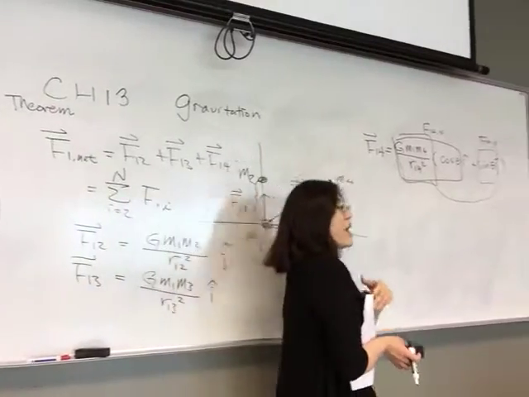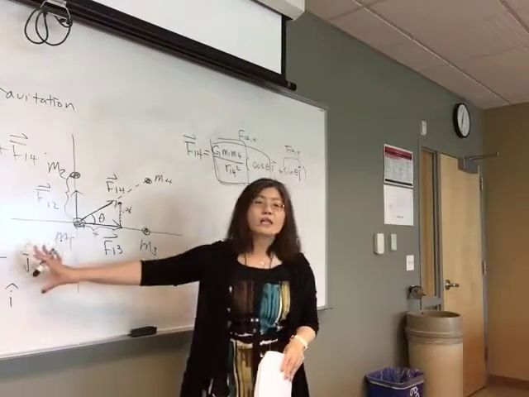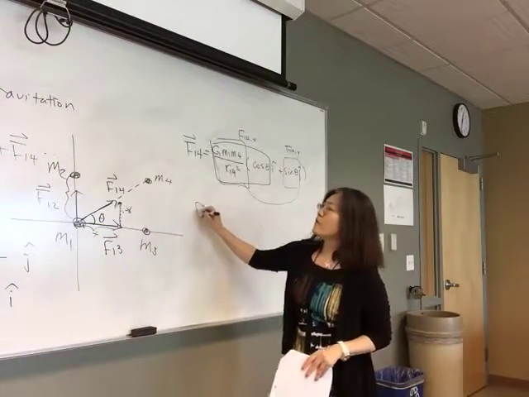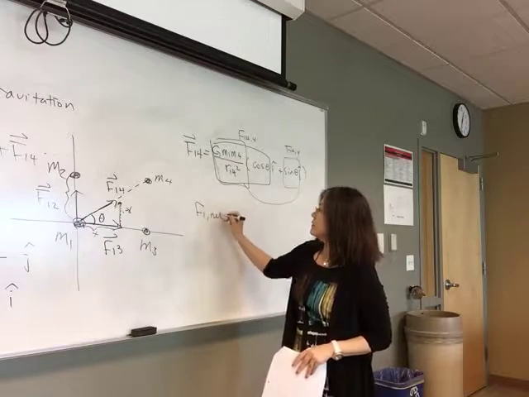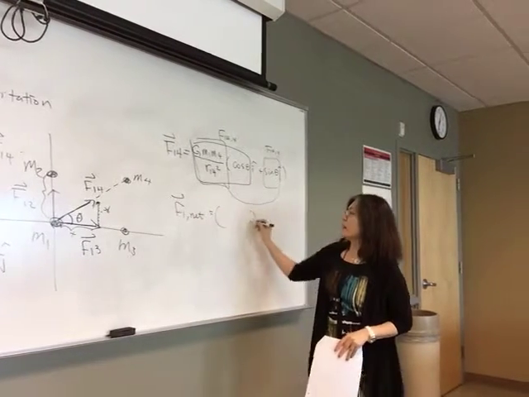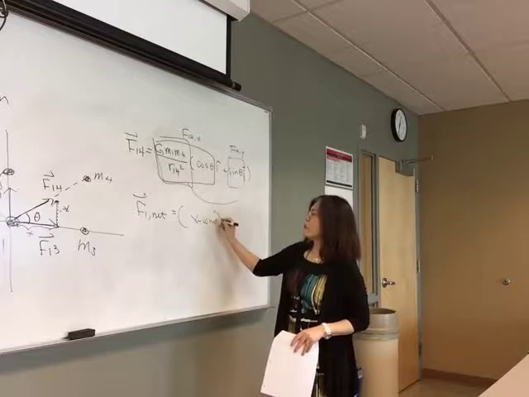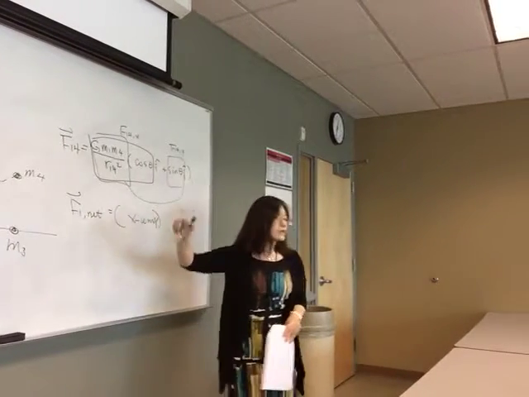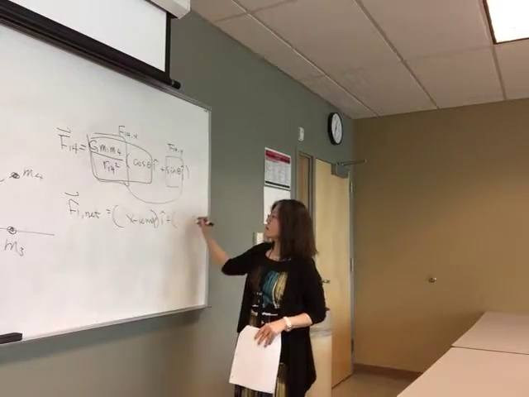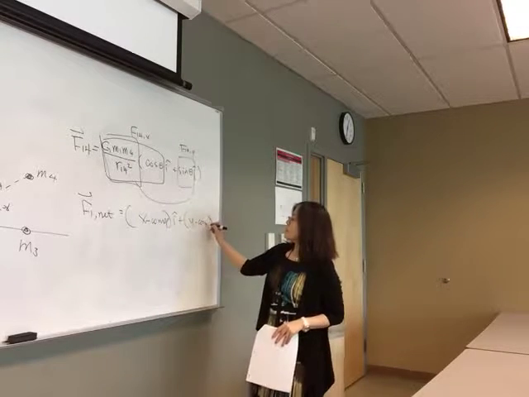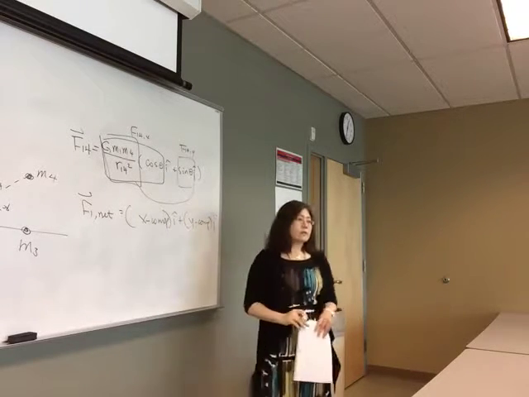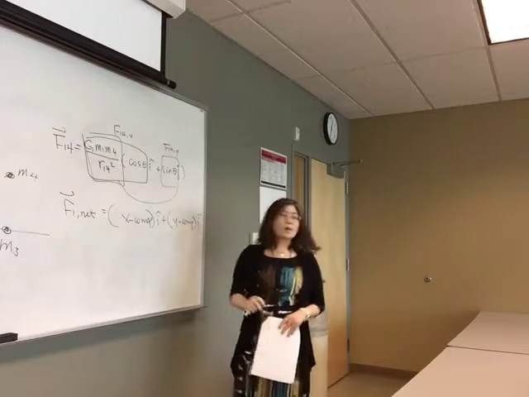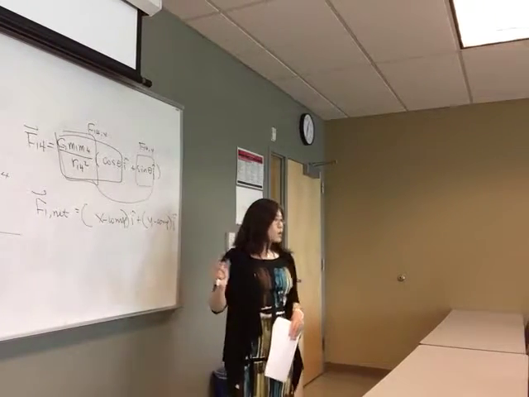After you have all the x and y components, your F1 net will be all the x components added together, times i hat, and then all the y components added up, in the j hat direction. That's basically how you would do it.